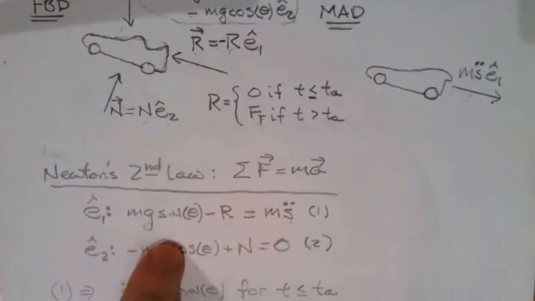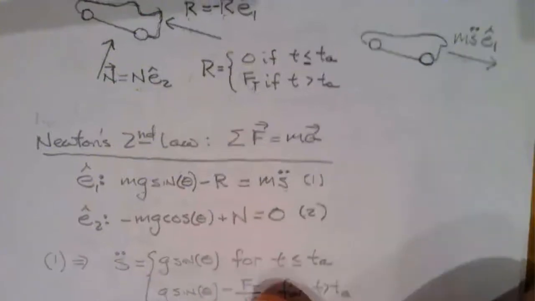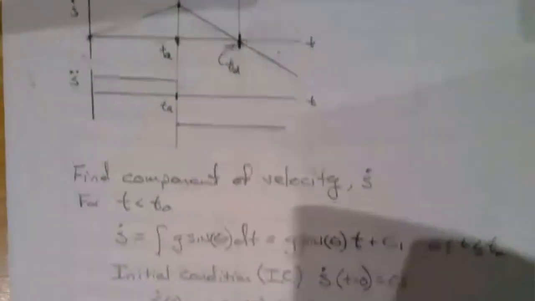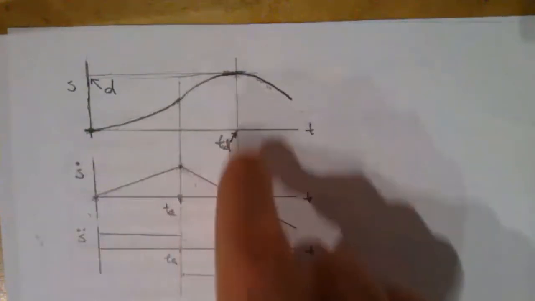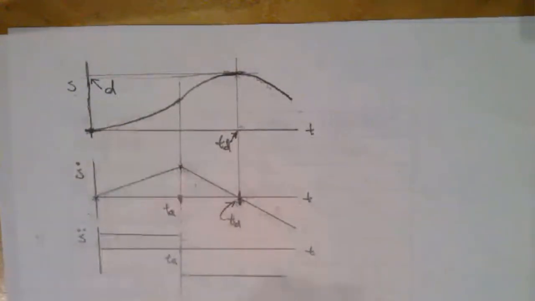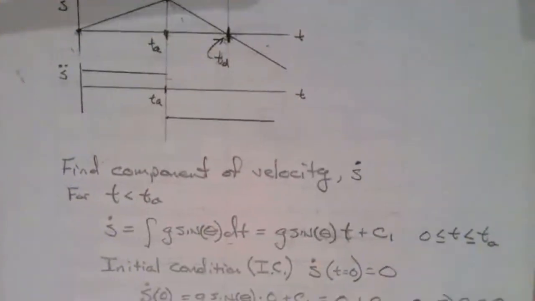So I get two scalar equations that I can solve. Only one of them was important to me. But I found an acceleration. Once I found an acceleration, I looked at the big picture and thought about what I needed to do. I needed to integrate that acceleration to find a velocity, or component of velocity, I should say.